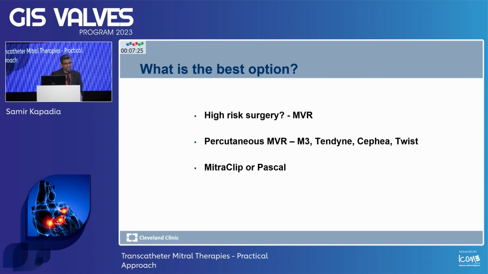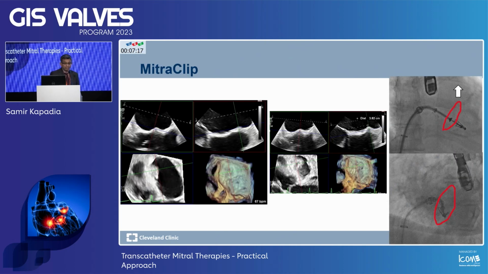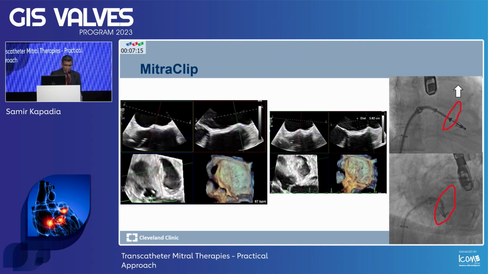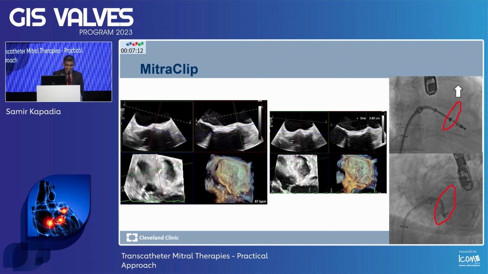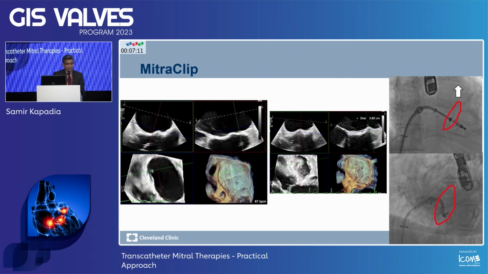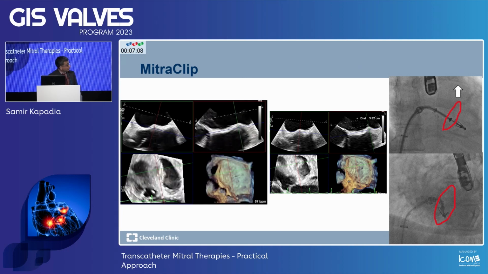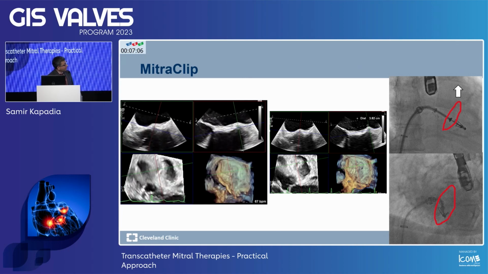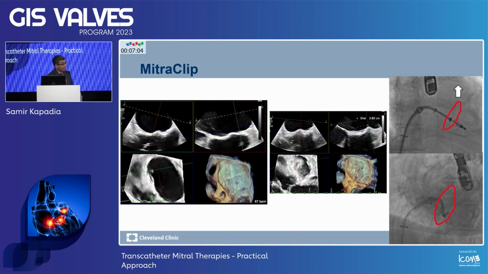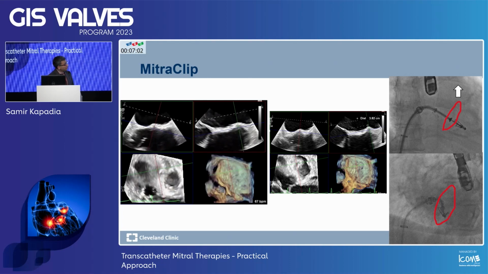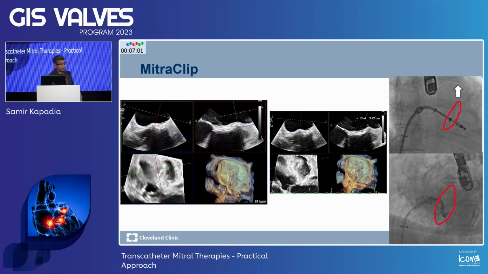But usually at 80 years of age with a flail mitral leaflet, if we can treat it percutaneously with TEER, this is the best option. So edge-to-edge repair is probably the best option. I'll go over the transseptal puncture in the second case, which has better pictures. But I want to highlight this particular picture: if you look at the RAO view of the mitral valve, this is the anterolateral commissure, this is the posteromedial commissure.